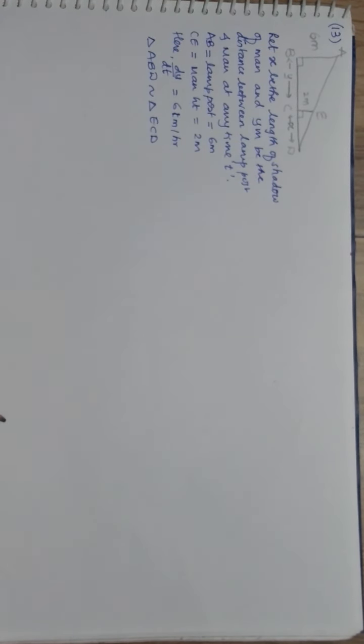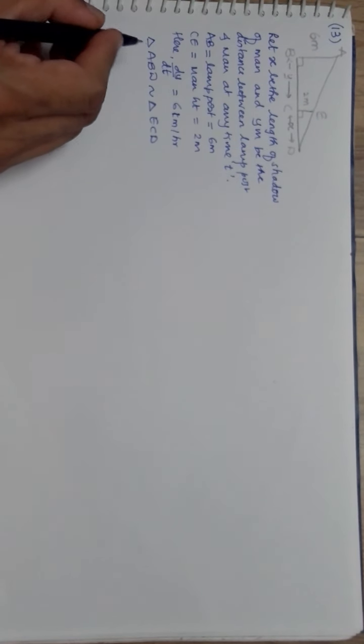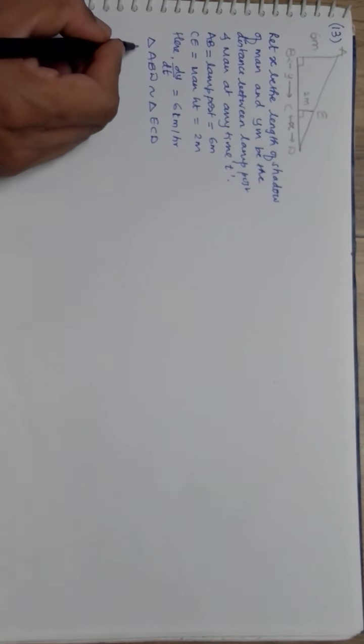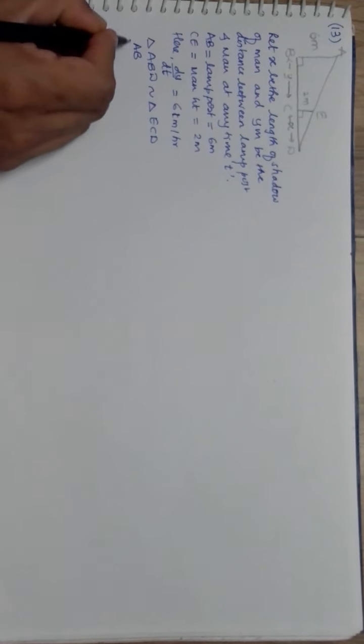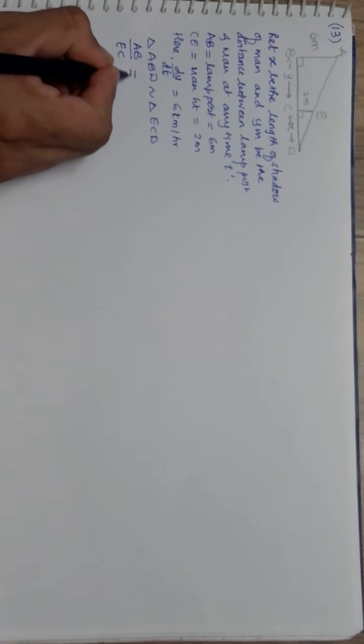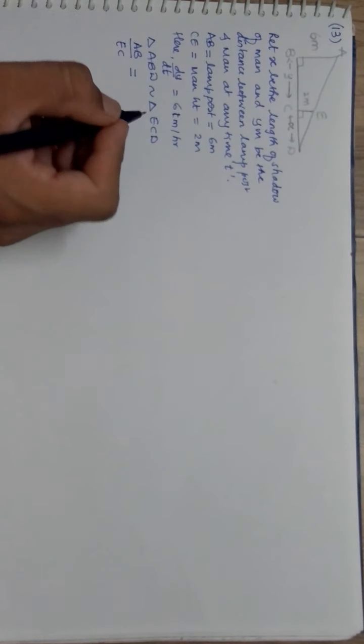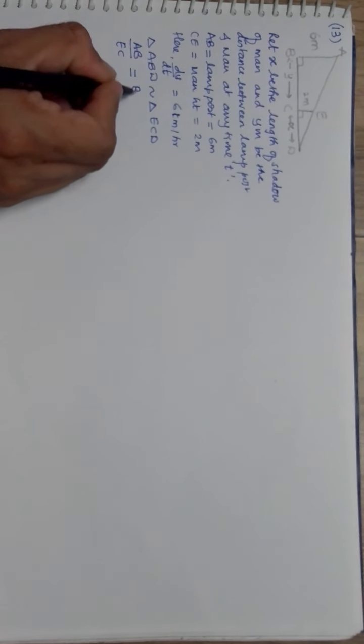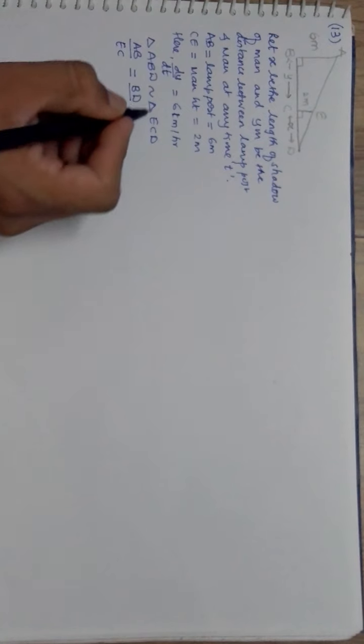Now if these two triangles are similar, then their sides will be proportional. So obviously you will have AB is to EC is equal to BD is to CD.